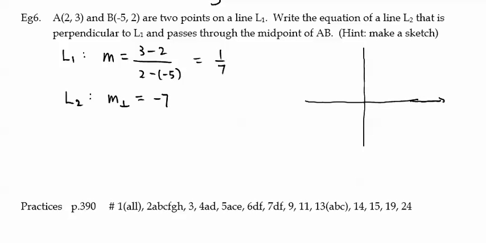Point A is 2 and 3. Point B is negative 5 and positive 2.